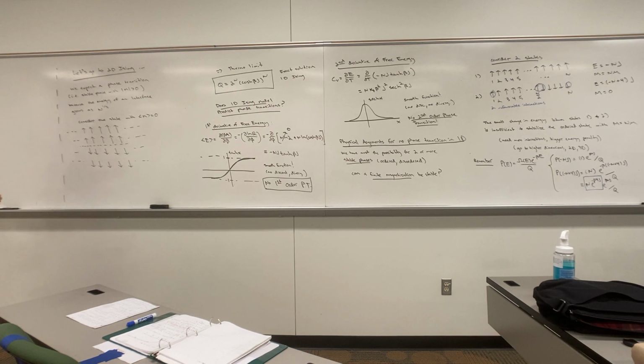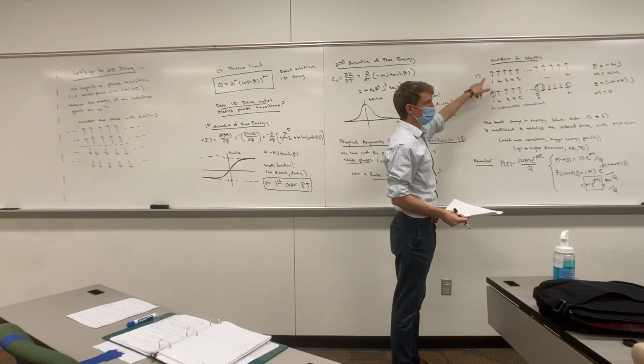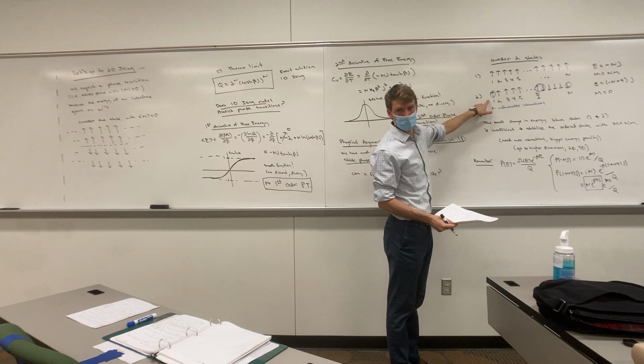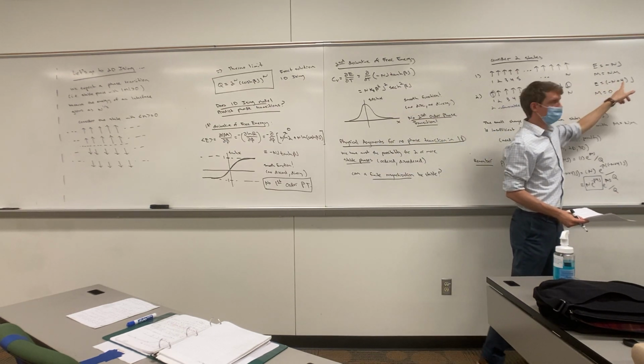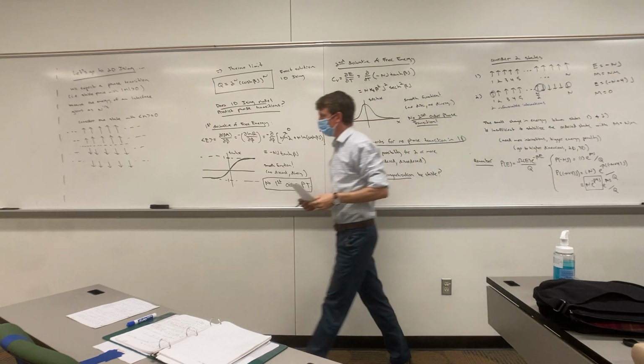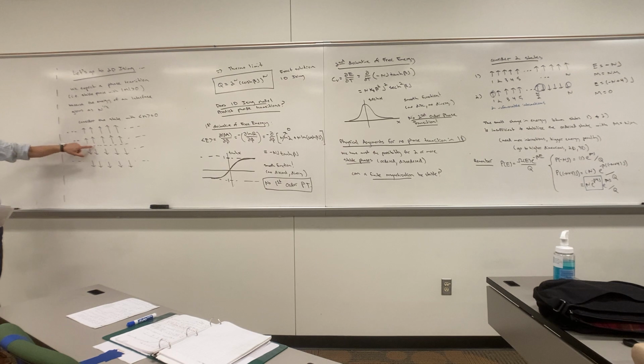But the energy difference, just like over here, we said, what is the energy difference between all spins aligned and going to this? Here I had to pay a cost of 4J to do this. What cost am I going to have to pay here? I'm going to have to pay a cost for each spin in the row, right? And how many spins do I have in the row?